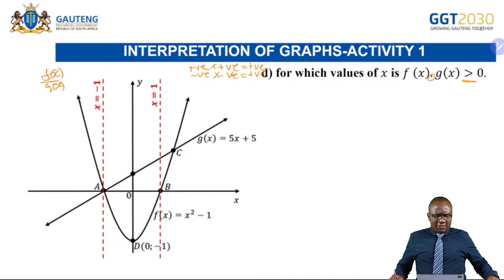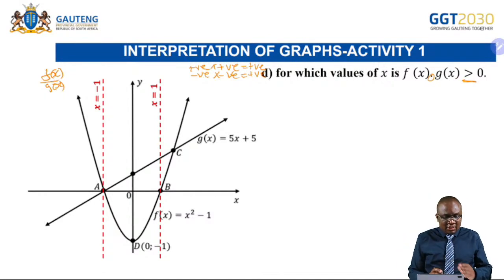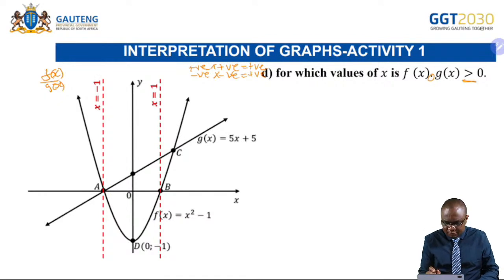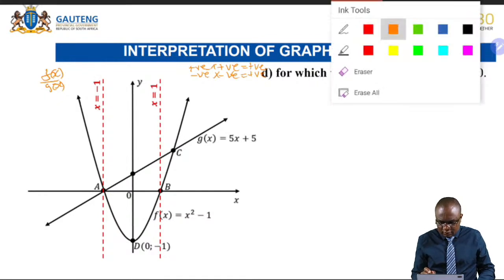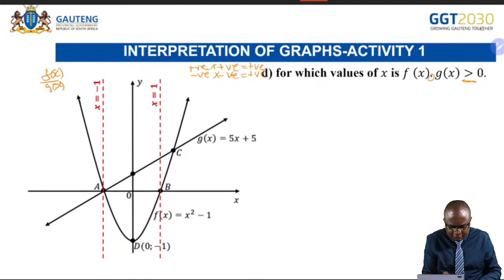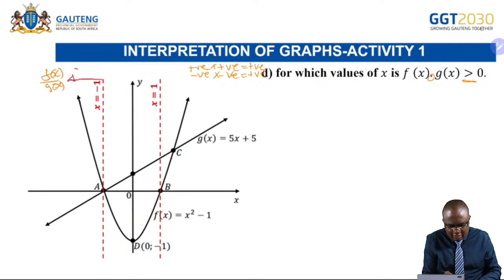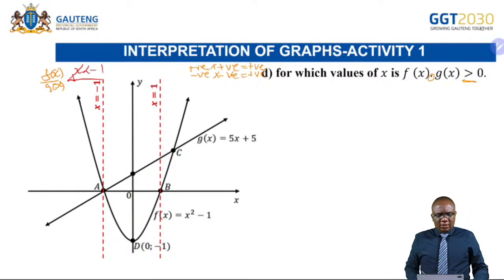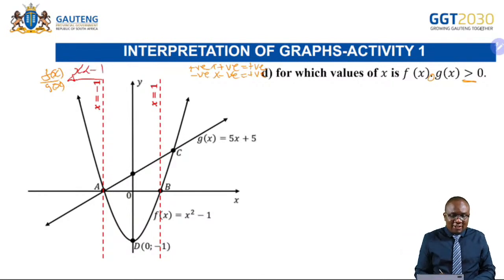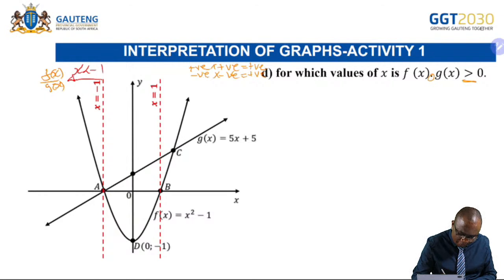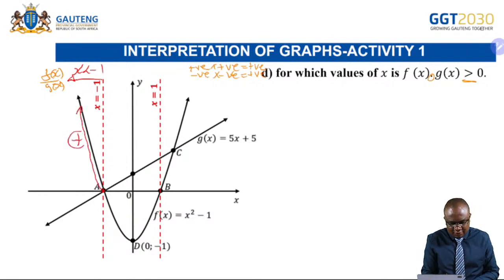Let's check our regions. Let's start with this side. X less than -1. What is f of x? It is above the x-axis, so it is positive.